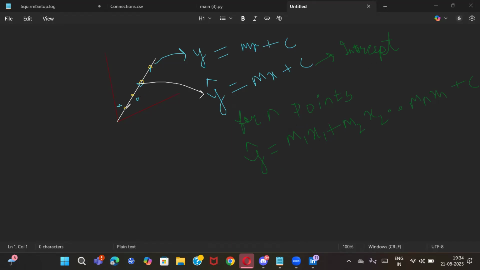This yellow point is my 1, this is my 2, this is my 3, and this is my n, with dots in between. These are nothing but my data points.